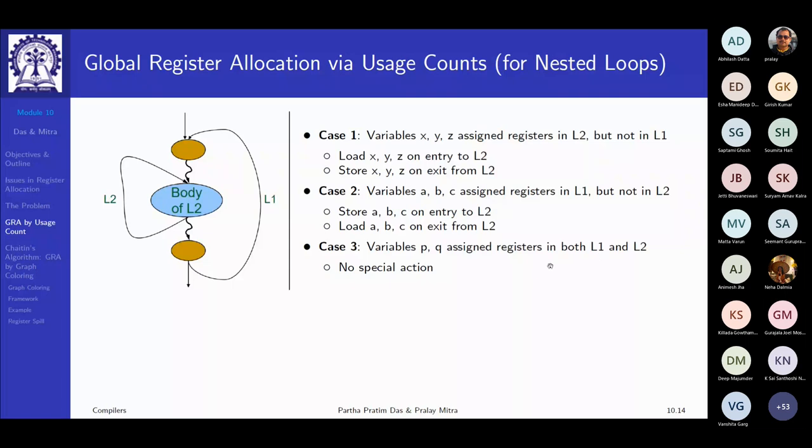So there you don't need to do any separate action. So if you do a single loop based register allocation and then append it by these observations on load and store, you have a quick and dirty solution for the optimization of loops in terms of the global allocation. Right?